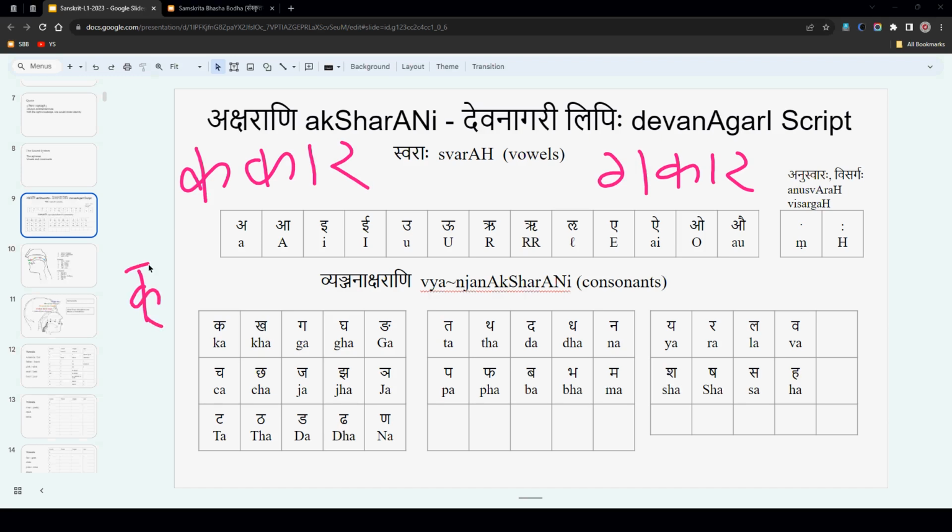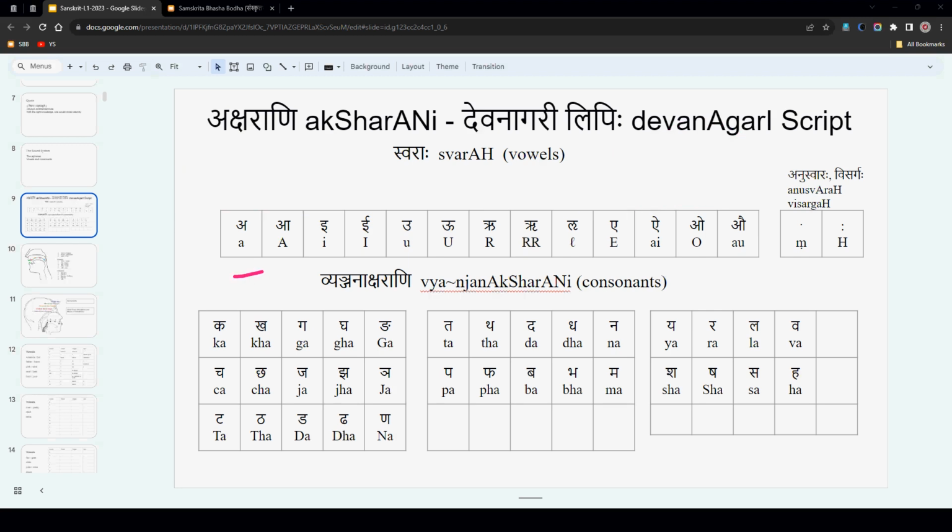The sound which the Vyanjanam k is supposed to make, which again cannot be pronounced independently. So we just say kakara, meaning the sound represented by k. Gakara means the sound represented by the Vyanjanam g. And so this kara indicates it is a sound made by whatever we attach before it.